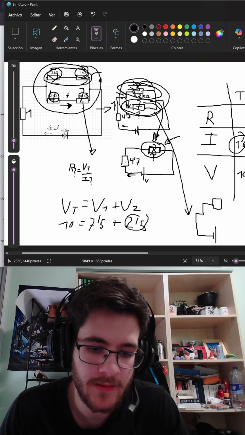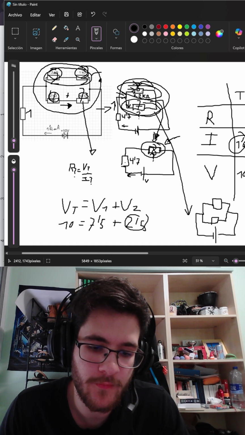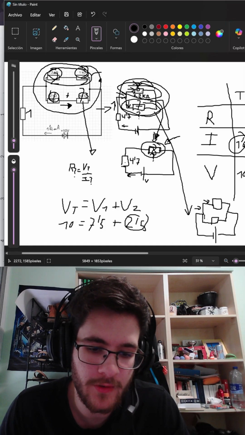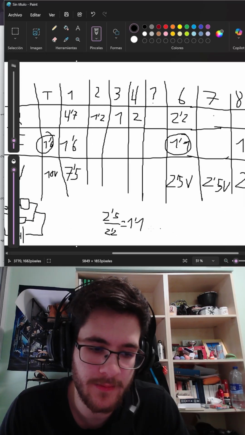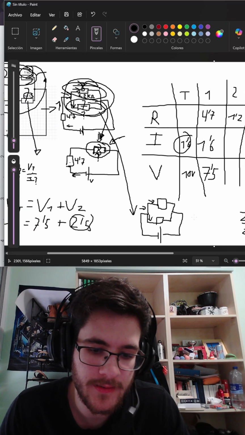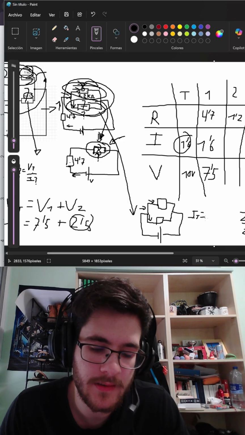If we have this one, we have a parallel circuit. So if we know the intensity here and the intensity here, we can calculate this intensity, because in parallel, total intensity is intensity 1 plus intensity 2.